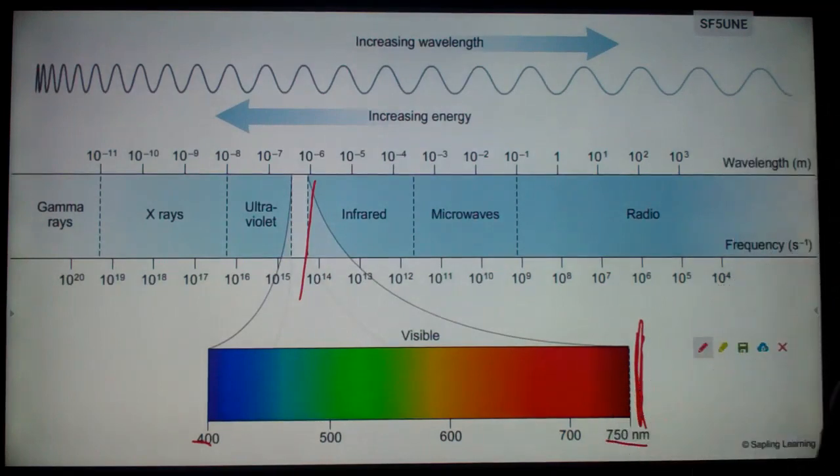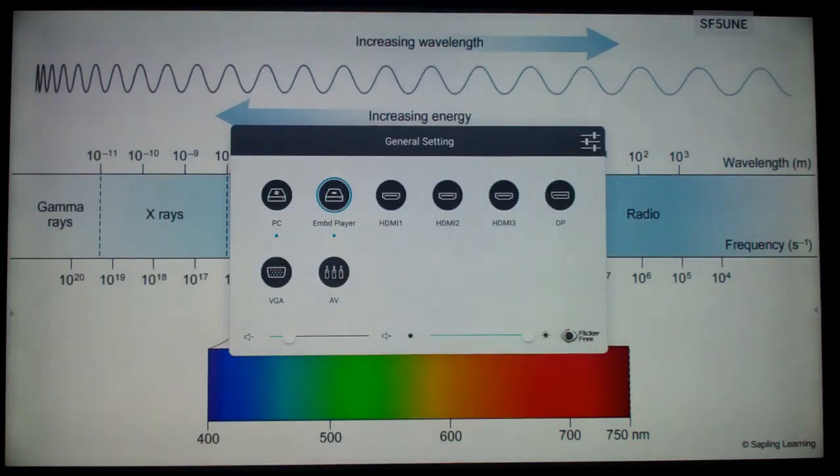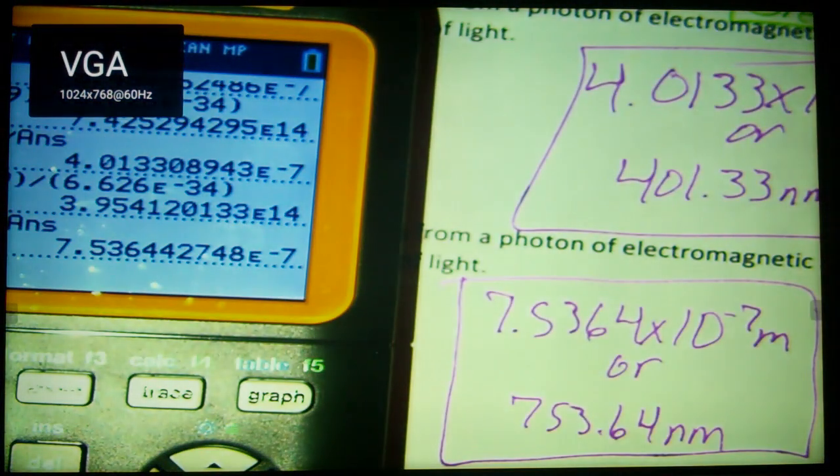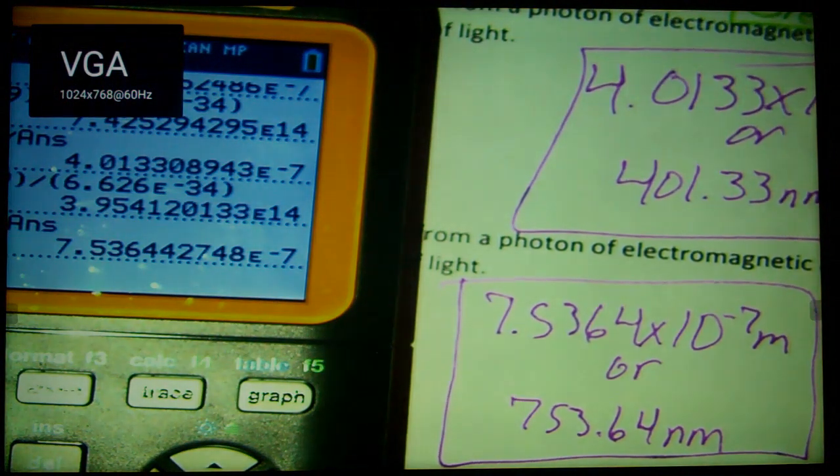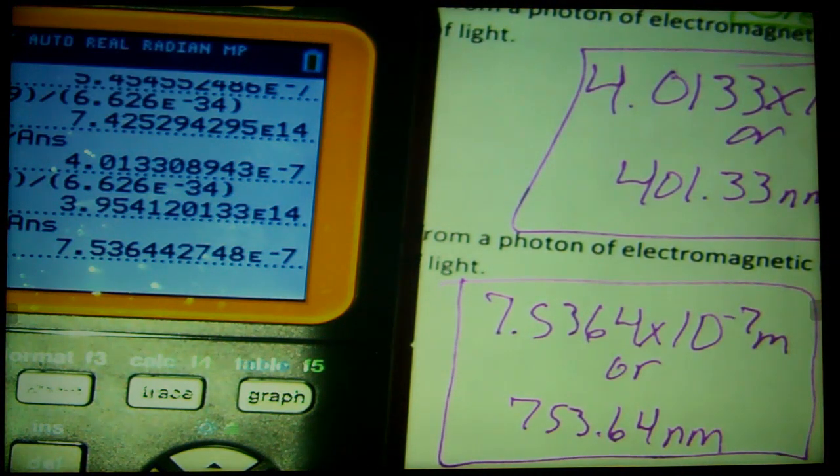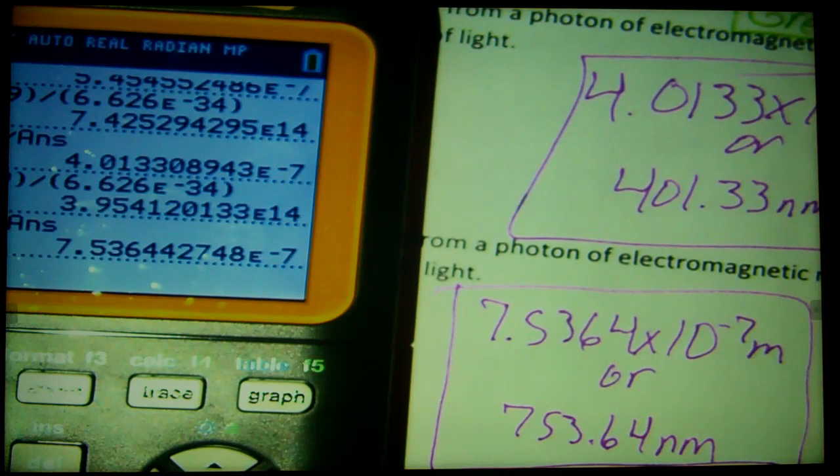Hopefully you can see that. We'll end up with infrared rays.